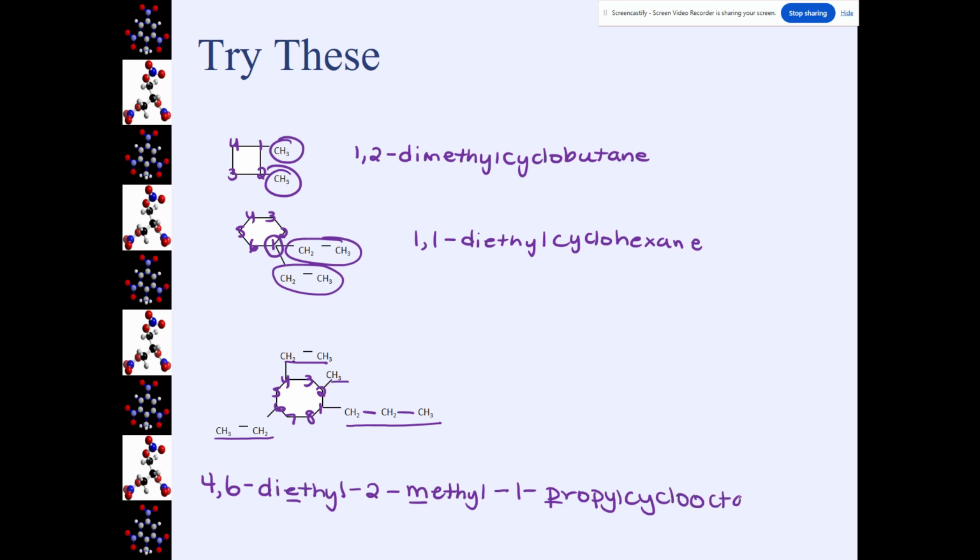So 4,6-diethyl, 2-methyl, 1-propyl cycloalkane. All right, that is the full name of that molecule. Name the branches alphabetically, but number the carbons on the parent ring structure so that the branches get the lowest number sequence.